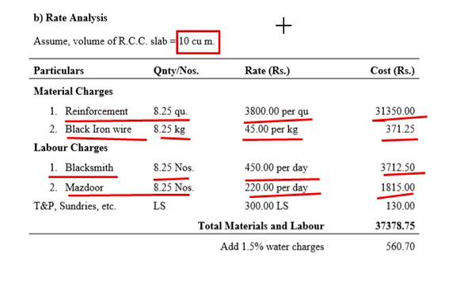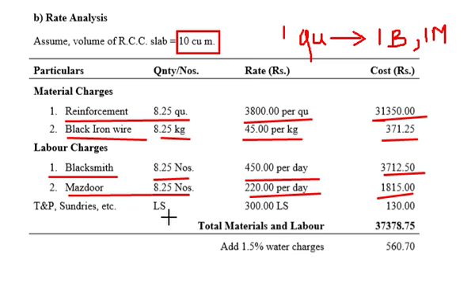It means that for 1 quintal we require 1 blacksmith and 1 Majdur. So it is clear.